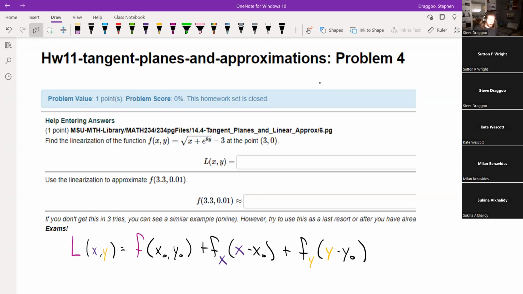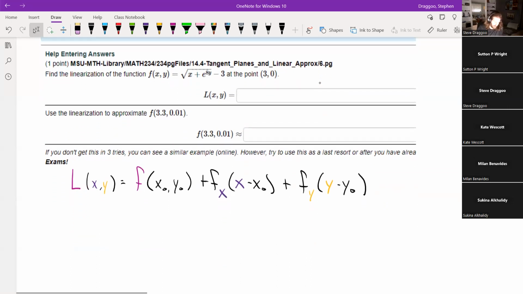So if I break down the linearization formula as it's listed below, the way I think of these things is that it's got some center value, which is just the function evaluated at our point 3, 0. It's got an x slope, which is related to the x partial derivative, and it's got a y slope, which is related to the y partial derivative.